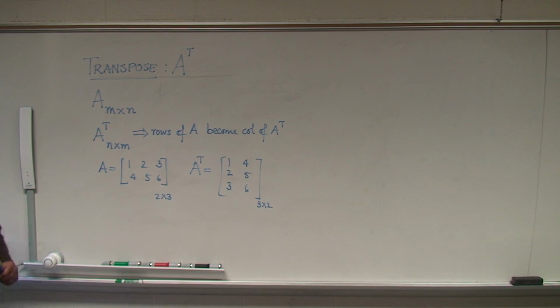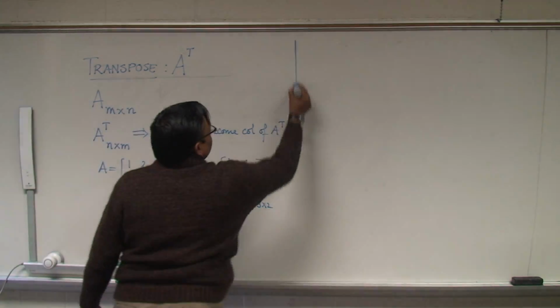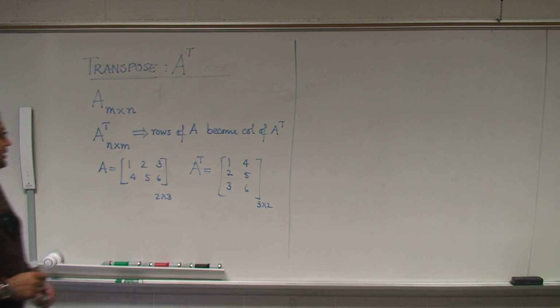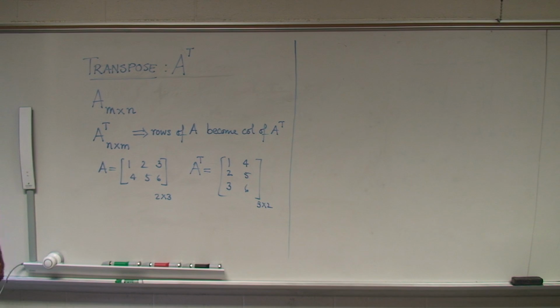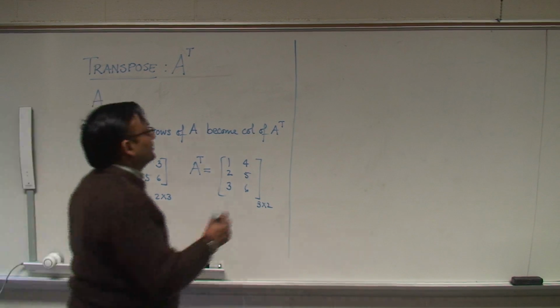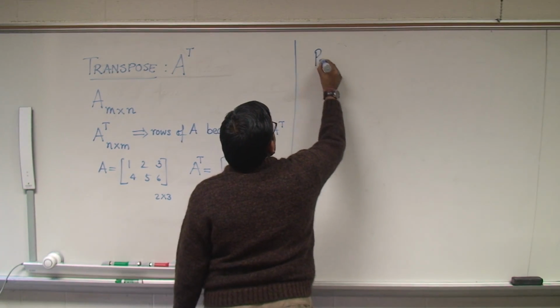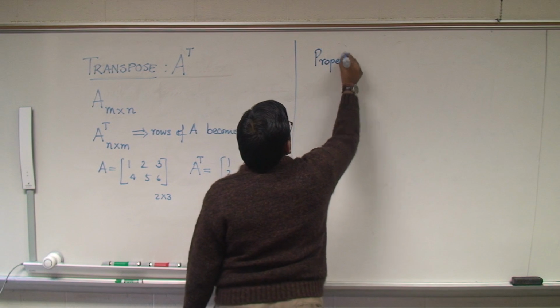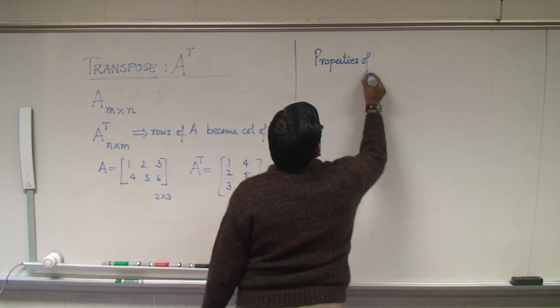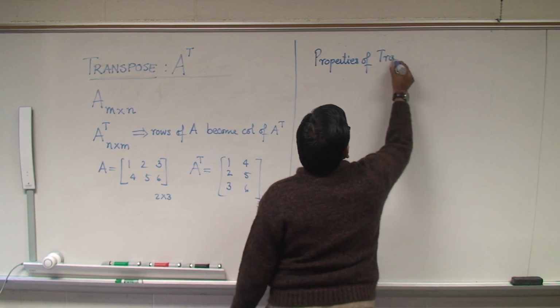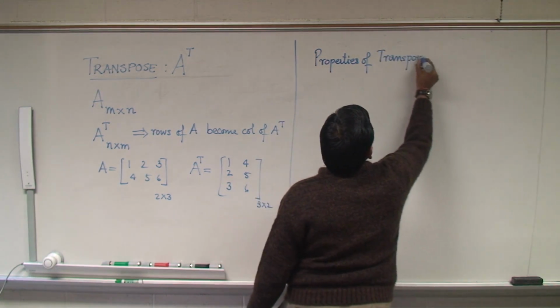Now one may wonder, why are we so fond of just flipping it? The thing is, the transpose operation has quite some usefulness for us, which will not be evident for some time. So let's at least just play with the transpose operation and see what all things it can do for us. There are some properties of the transpose which are easy to verify, which I leave for you as an exercise.